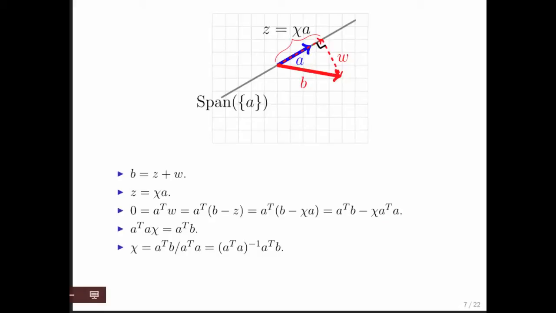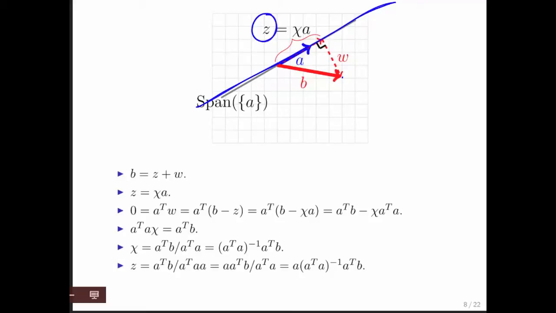Because A transpose A is just a scalar, we can just divide both sides by that, or we can write this as the dot product of A with itself, inverse, times the scalar that results from taking the dot product of A with B. If we then want to know what this vector Z is, that is the projection of B onto the space spanned by the vector A, that's a matter of now taking this solution, chi, multiplying it times A, and then we can rearrange that as such.